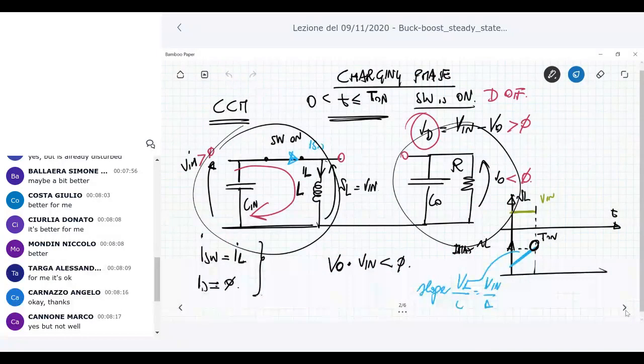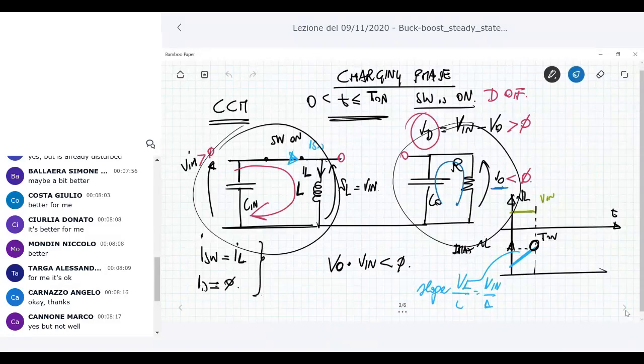It means that the output voltage V naught should decrease to 0 because at a certain instant, the output capacitor is totally discharged through the resistance, the load, and the output voltage is 0, meaning that the conversion ratio M at the end should be 0.